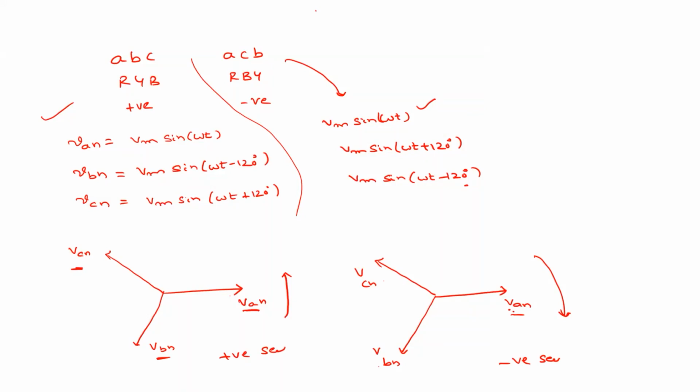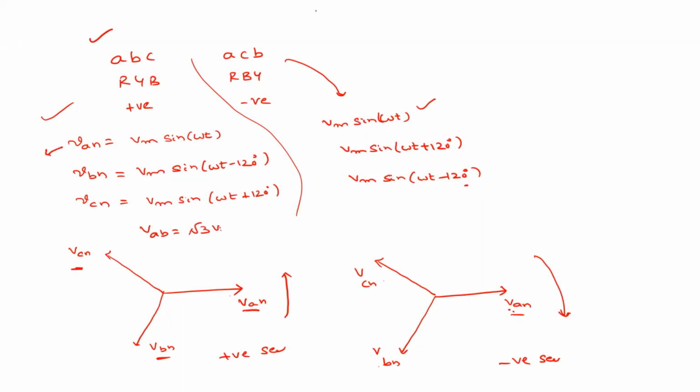So in case of ABC phase sequence, these are the line voltages, and these are the phase voltages. See, with this VAB, how will you represent VAB here? VAN minus VBN. How much will it be?